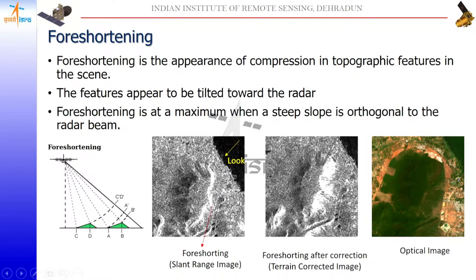With the help of geocoded terrain correction and a digital elevation model, we position the pixel at the correct position. So this is foreshortening.